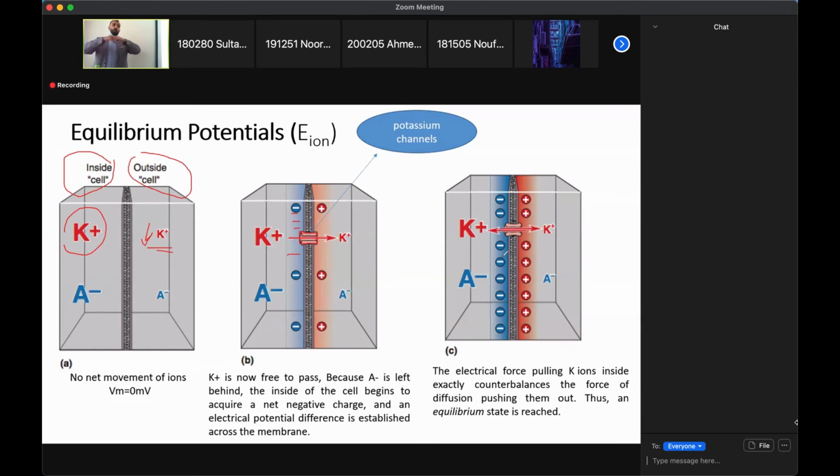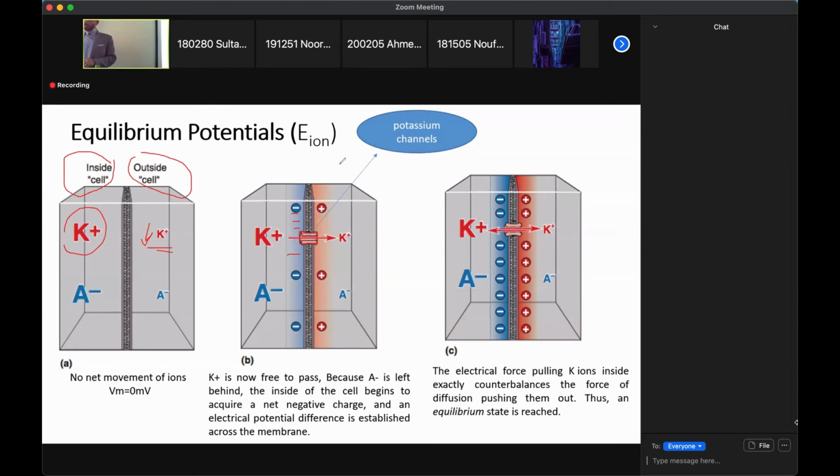When potassium stops moving, we can say that it has reached an equilibrium potential. So this is the equilibrium potential for this particular ion, which is potassium. No net movement of potassium will happen. So this is what we call what? Equilibrium potential for potassium. Good.